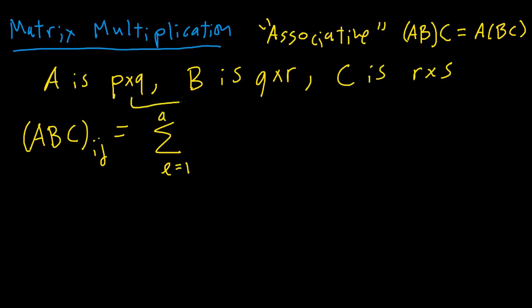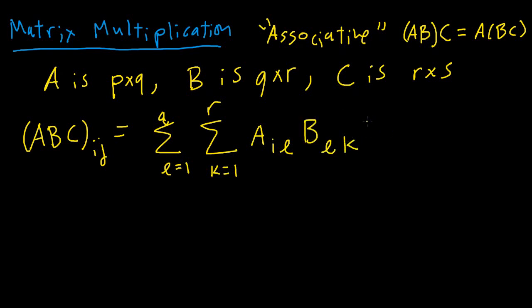So first I'm doing this sum, from L equals 1 to Q, of another sum. Now we're doing the R sum, from K equals 1 to R, of A_IL, B_LK, C_KJ.